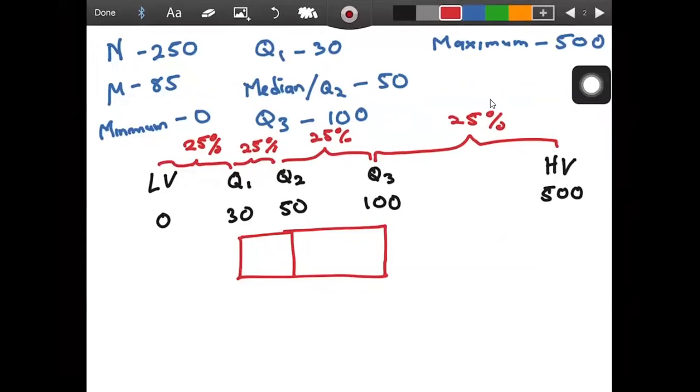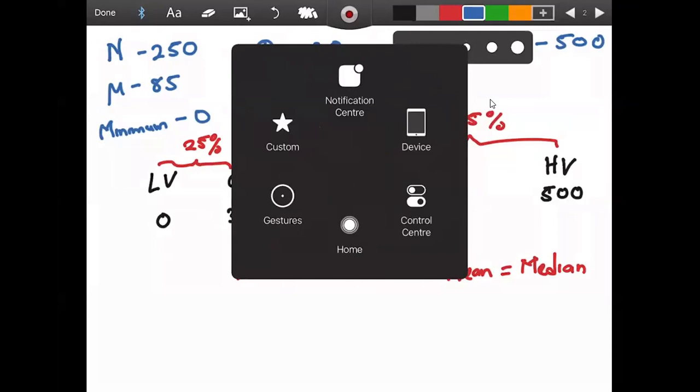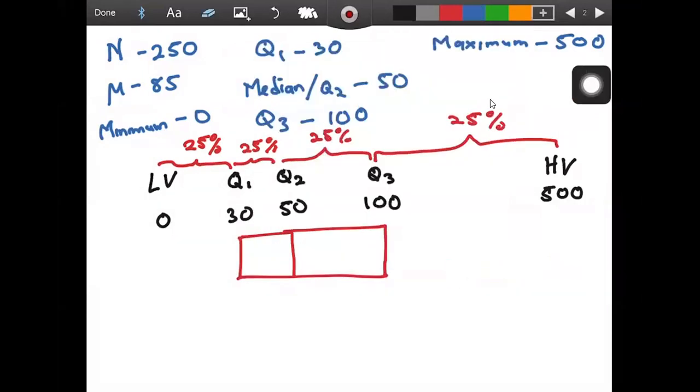If you remember, in the previous video, we learned how to determine the skewness of the histogram or the line. So if your mean equals median, this is a normal distribution. Okay, it's normal.